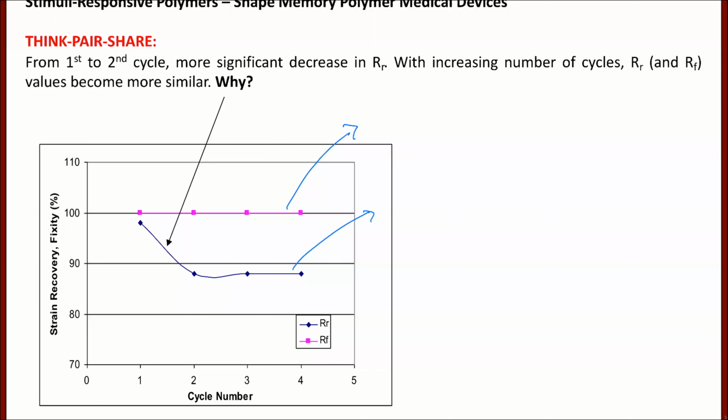That's significant, and that happens during the first cycle. So when we release that stress and we don't heat anymore, the recovery to the original chain orientation is really different. So for subsequent cycles, the net change in chain orientation is not as dramatic because we've done it all in the first cycle. So that was a great answer.